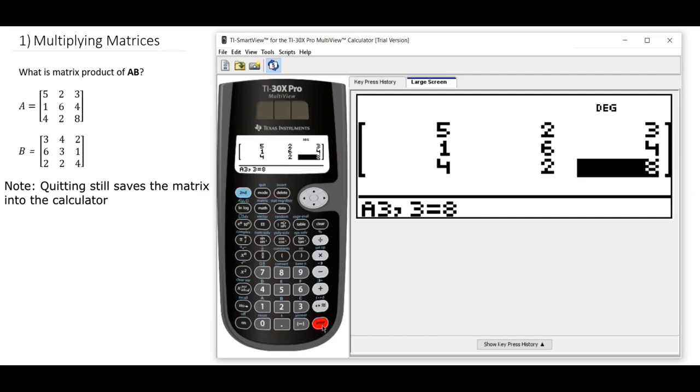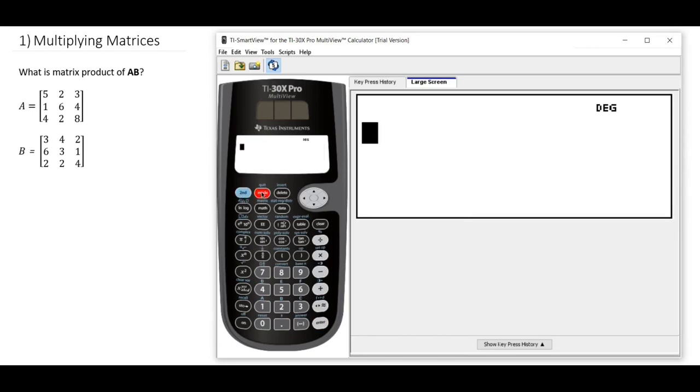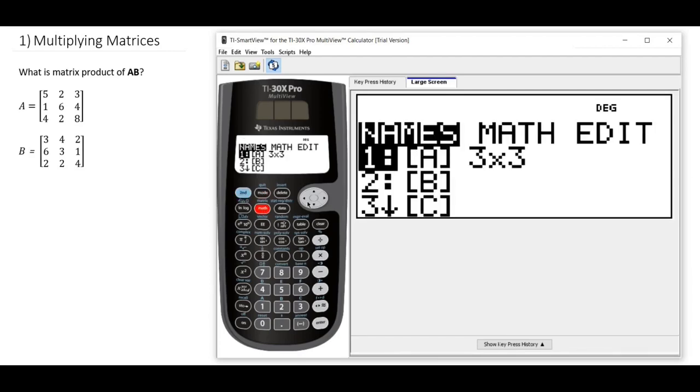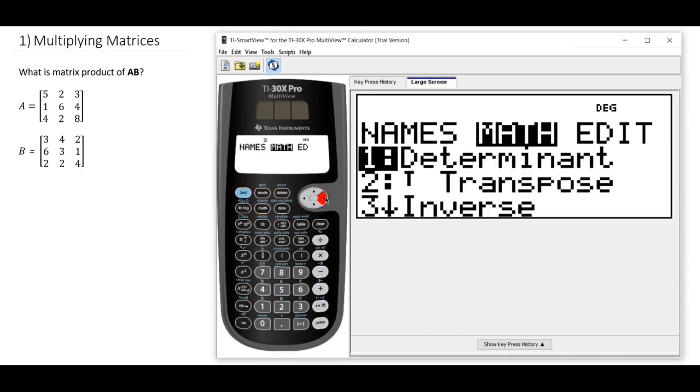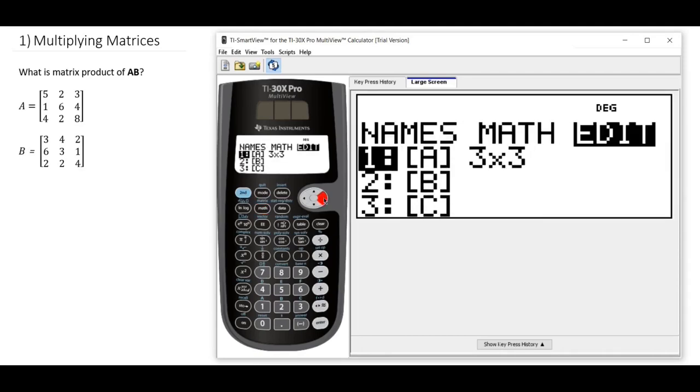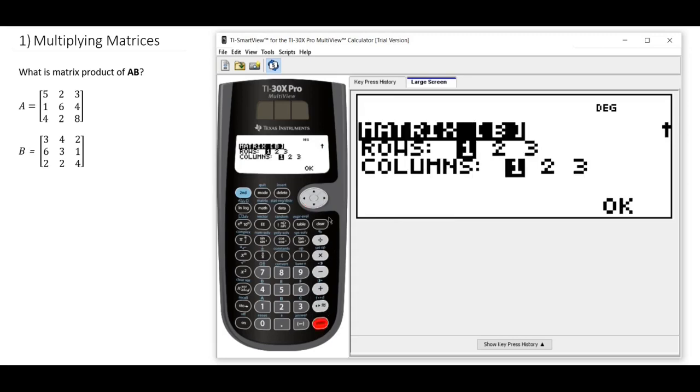Now that I entered the first matrix, I'm going to press second, then quit. I'm going to follow the same method for matrix B. This is also 3x3.